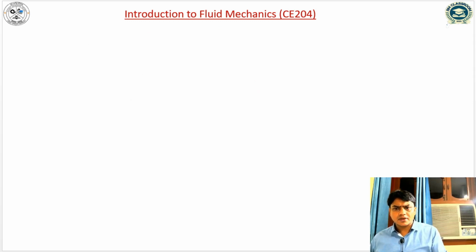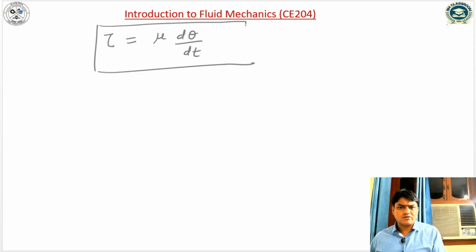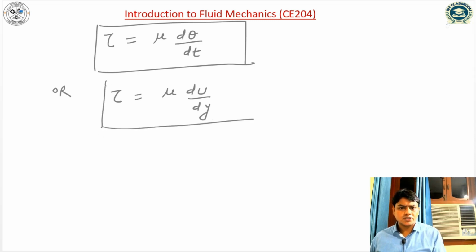So if I remove the constant of proportionality, it will be tau is equal to mu d theta by dt, where mu is a constant called dynamic viscosity, or it can also be written as shear stress is equal to mu into du by dy, because we have already proved that the rate of shear deformation is equal to the velocity gradient.